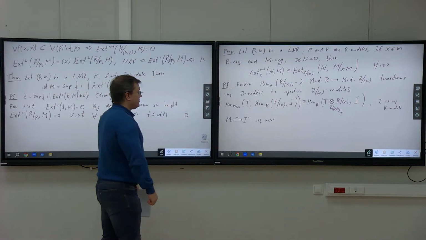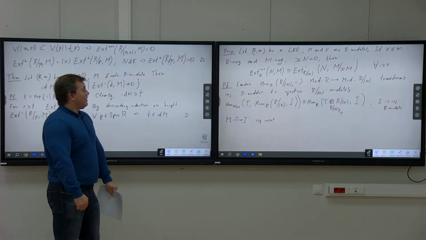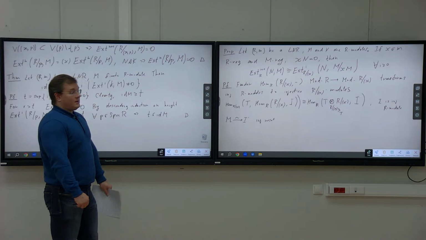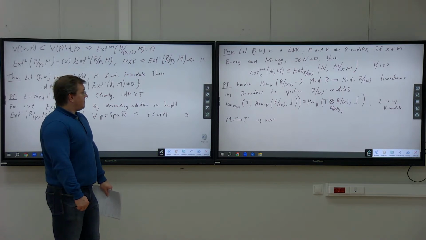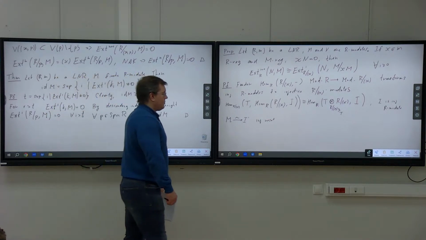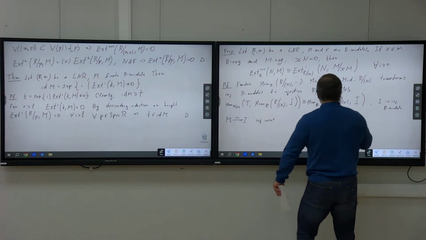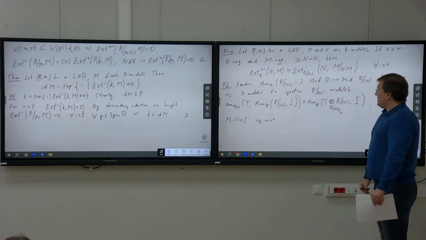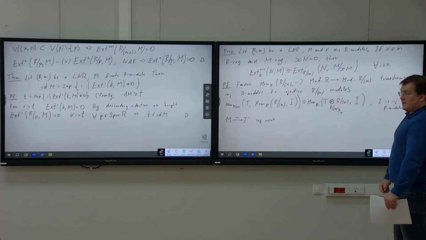So is it true for any module M of R, Hom from M to blank takes an injective module and sends it to an injective module? No, but I'm using that as a tensor product, this is just the identity functor.